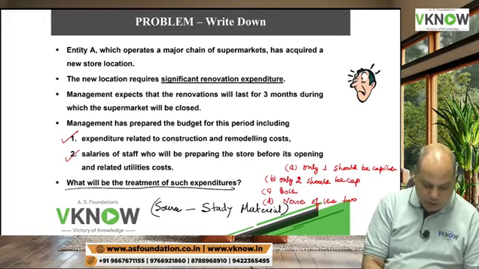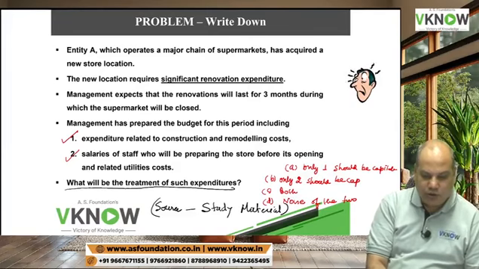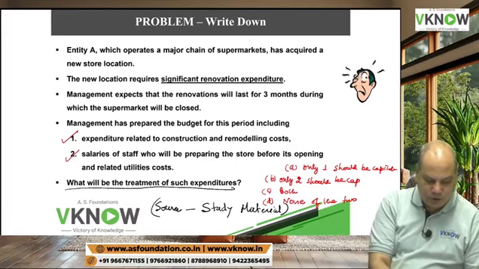Okay, so tell me the answer. Adit is saying A. Ganesh is saying A. Saurav Chauhan is saying A. Sanket is saying A. Okay, keep trying.